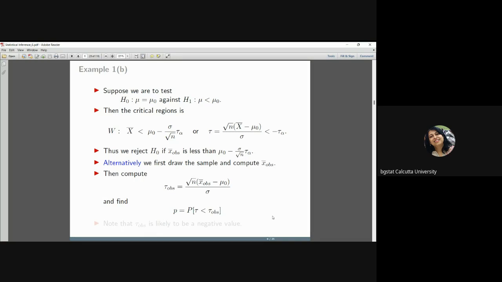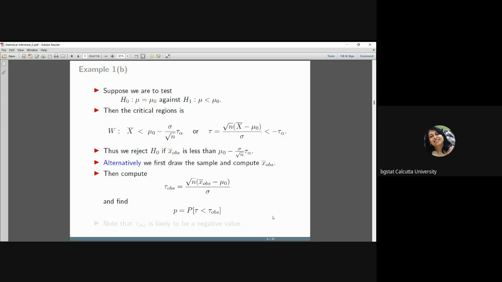Suppose we had an alternative which said mu less than mu naught. So you know how to use the critical region in this case. You have to calculate x bar. You have to compare the cutoff, the critical value, which is now mu naught minus sigma by root n tau alpha.